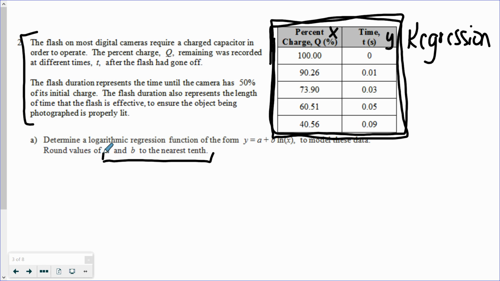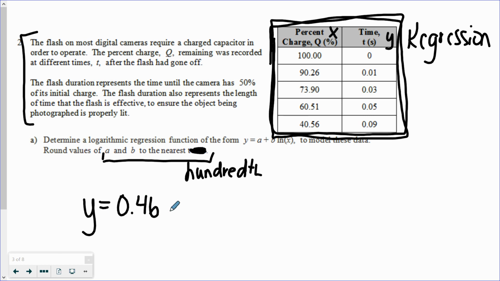But then I notice when I do it to the nearest hundredth, let's just even change that, because tenth is not going to be a good thing. So pause the video, give it a try. So the regression that I come up with is y equals 0.46 minus 0.10 times the natural log of x.